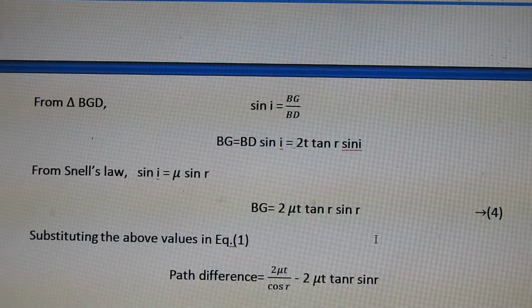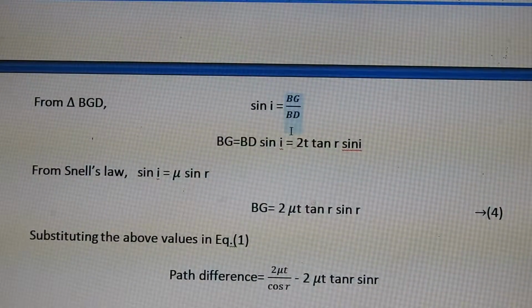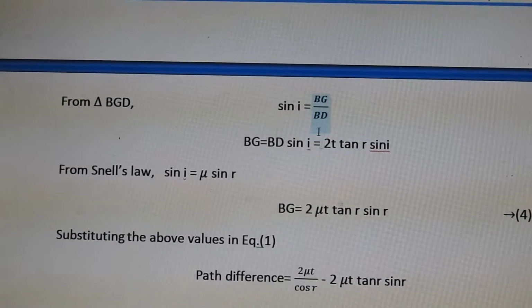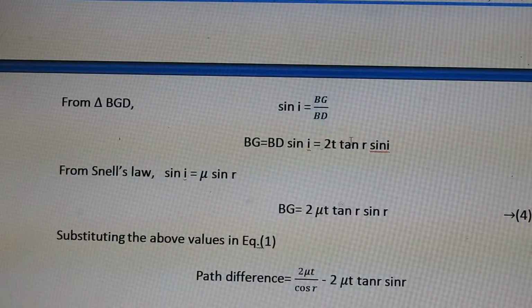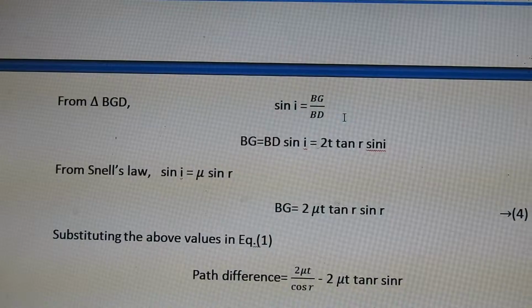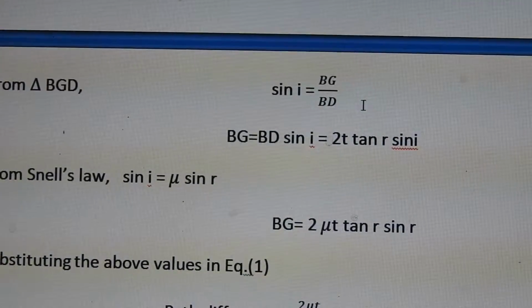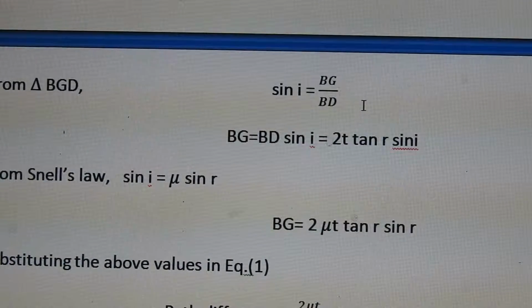By the sine formula, sin I is equal to BG by BD. You have to write BG by BD. Here you can see carefully which triangle we are taking.